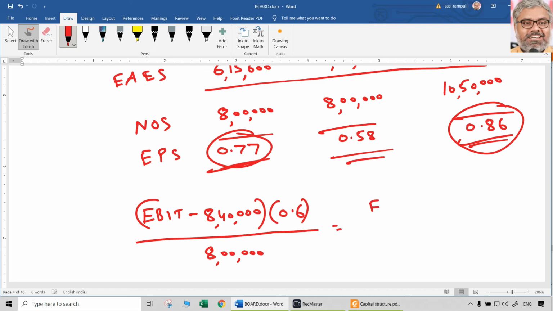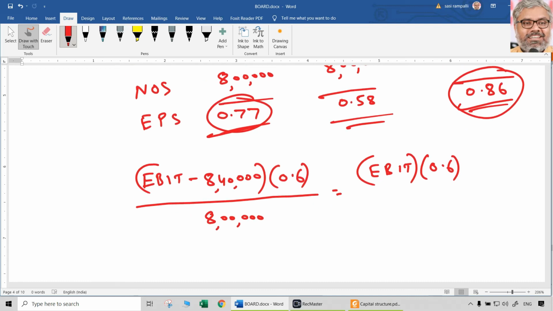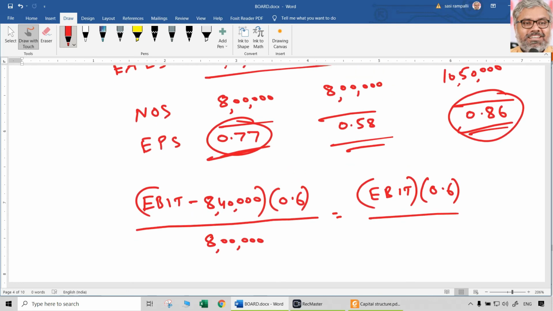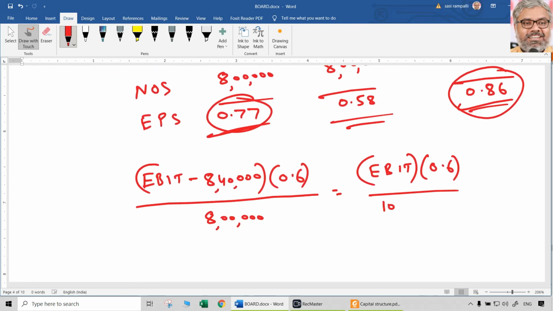That should be equated to EBIT into 0.6 directly, because there is no interest and no preference dividend in alternative 3, divided by 10,50,000.